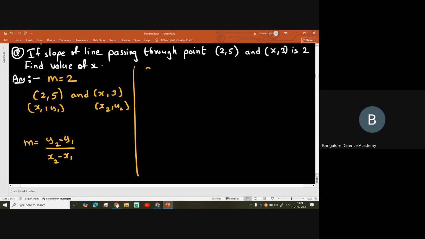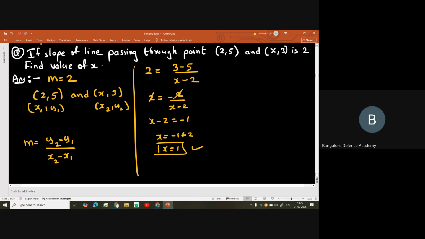Correct? So slope they have given is 2. Now y2 minus y1, that is 3 minus 5, and x2 minus x1, that is x minus 2. Now you'll have to solve this. So 2 is equal to minus 2 by x minus 2. So 2 and 2 get cancelled. So x minus 2 is equal to minus 1. So x is equal to minus 1 plus 2. X is equal to 1. So the value of x is equal to 1.